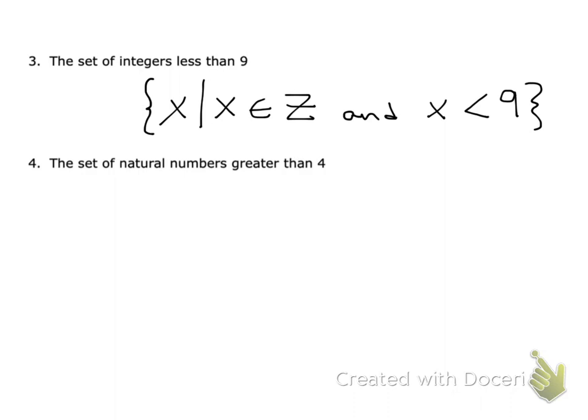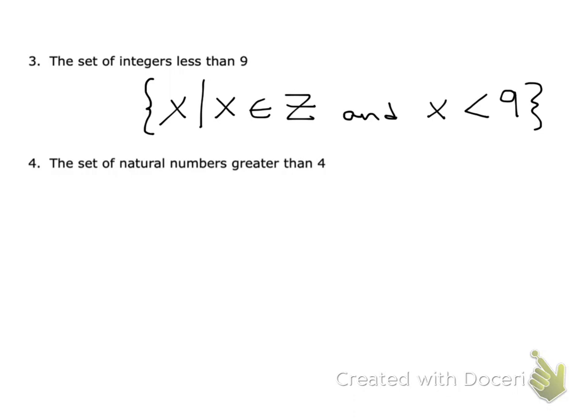Will that be an infinite set or a finite set? What did you say, Kaylee? Infinite. Because if you look at what's less than 9 in the integers, you have your 8, 7, 6, 5, 4, 3, 2, 1, 0, but then we go into all the negatives, and that keeps going forever.